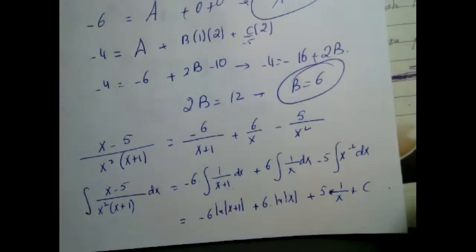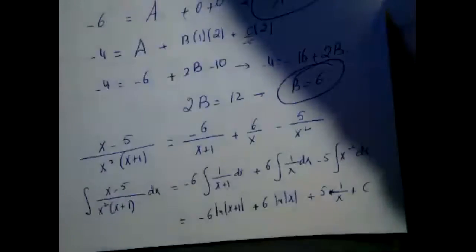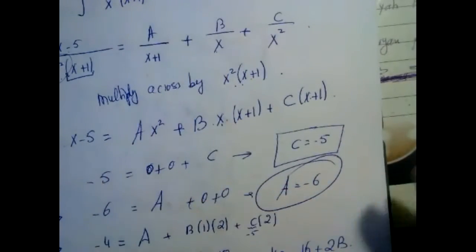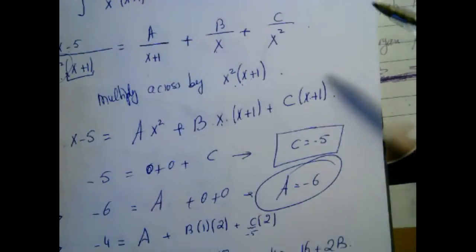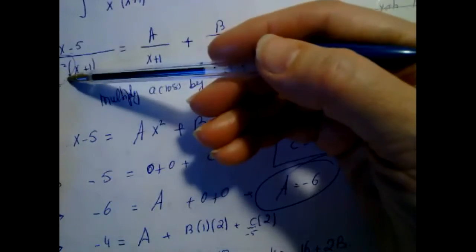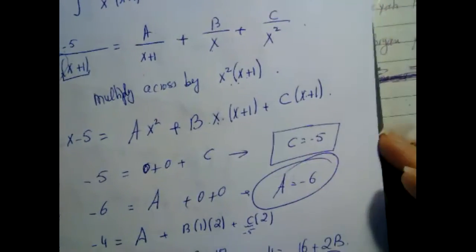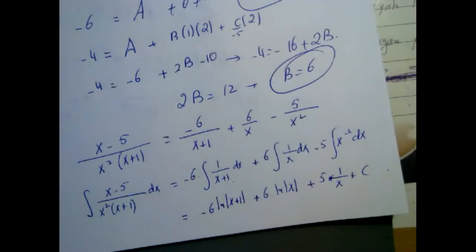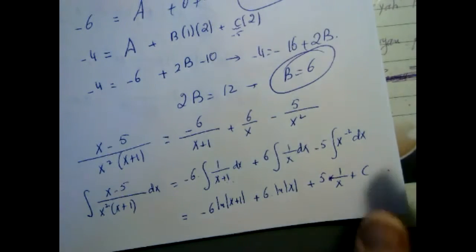It doesn't work mathematically. This decomposition fails if the degree of the numerator is larger or equal to the degree of the denominator. Otherwise, it will always give you answers. No way out.